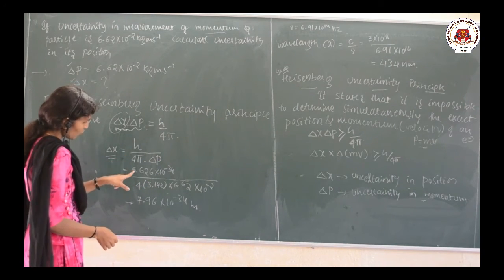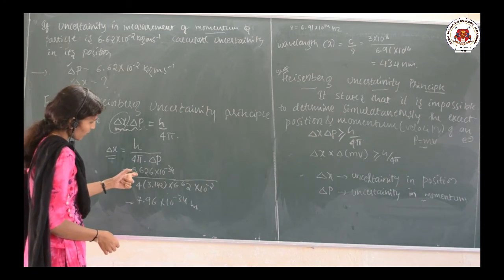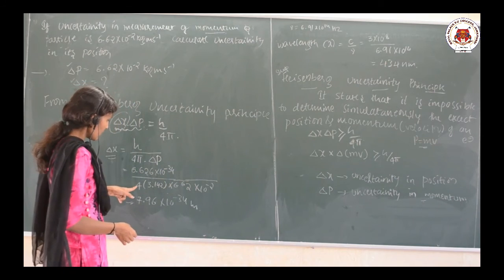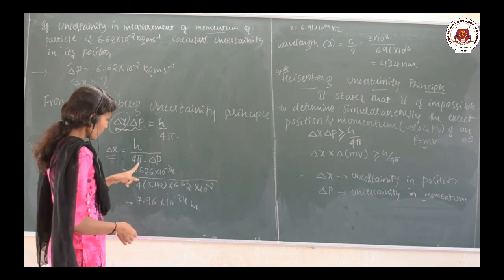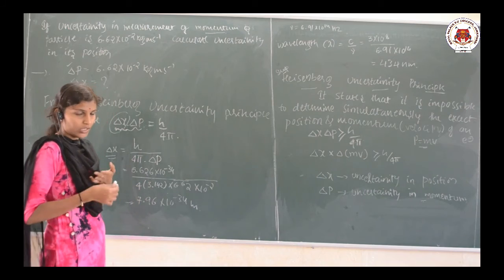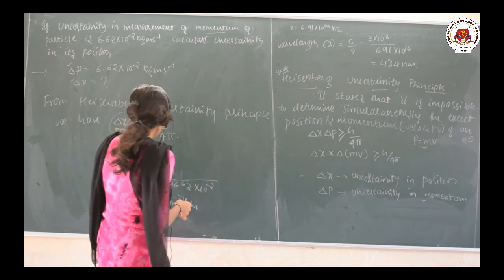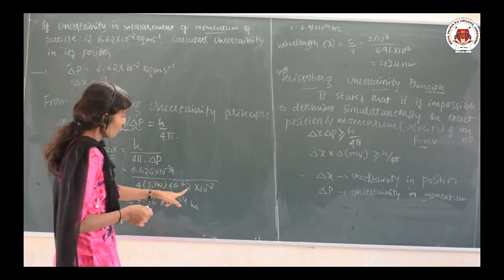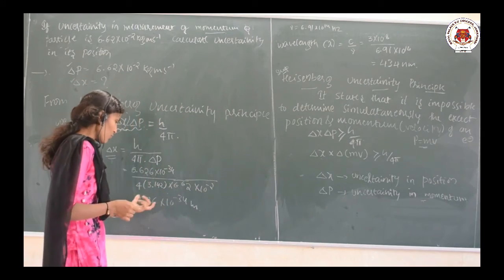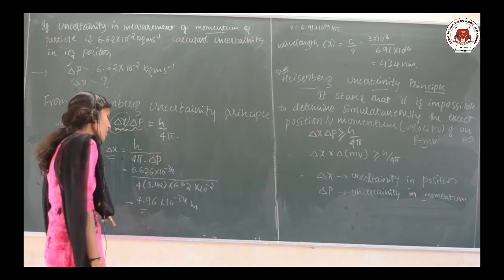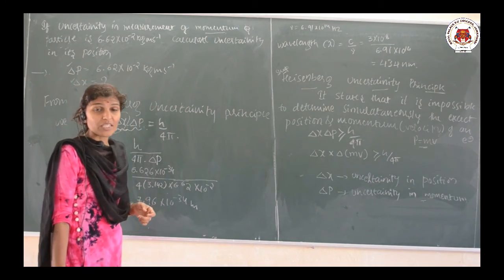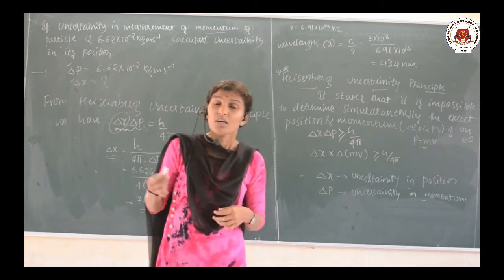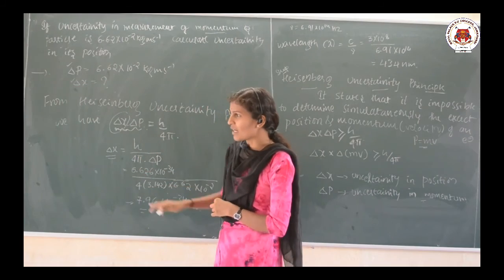Then substitute all the values: h value is 6.626 into 10 to the power minus 34, divided by 4 as it is, pi value is 3.142, that is 22 by 7, and delta p value they have given, around 6.62 into 10 to the power minus 2. If you simplify, it will be around 7.96 into 10 to the power minus 34 meter. So this is how you need to calculate the delta x value.